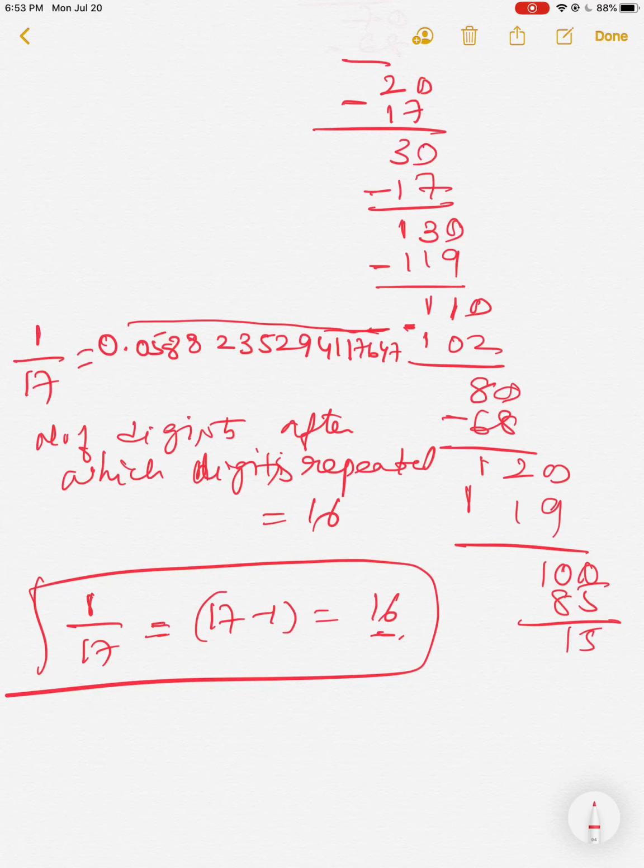So if it is asked in short, in the objectives, we need not perform the division, just 17 minus 1 is equal to 16.